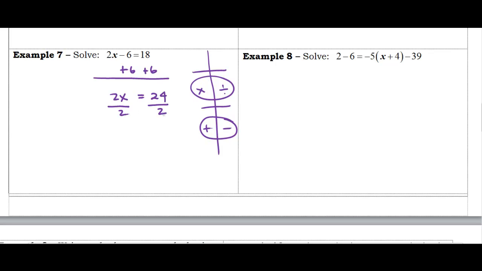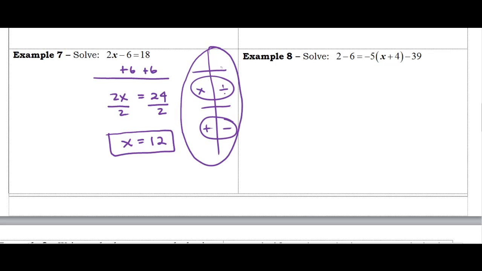Divide by 2, divide by 2. And x is 12. Too many students are cancel happy. And they're going to want to divide by 2 first. I show you this to give you a reason why we would not. Okay? Alrighty.